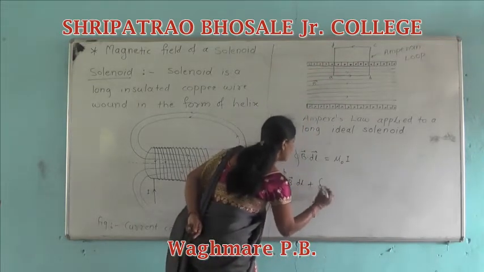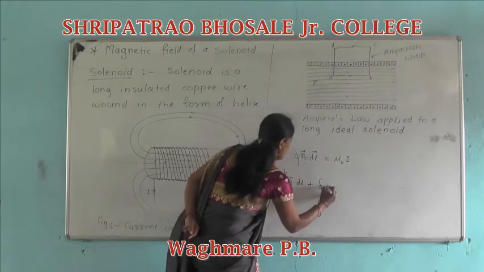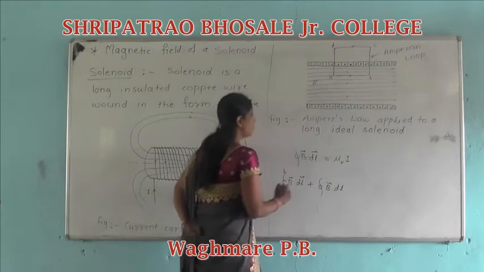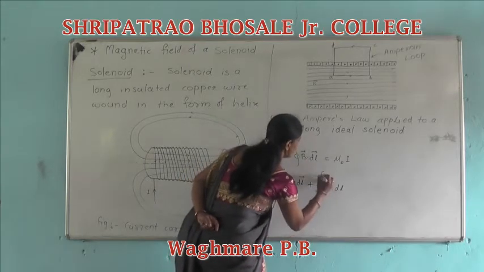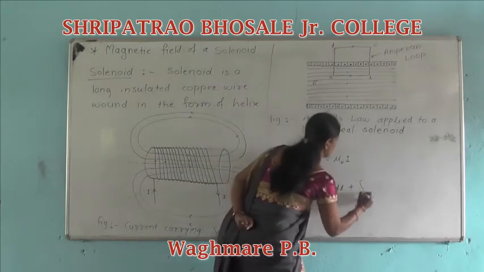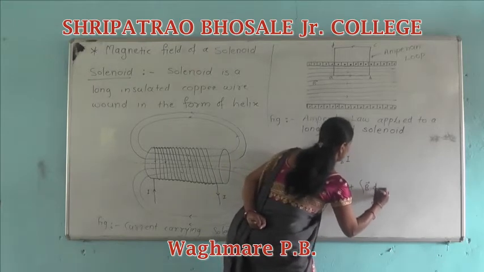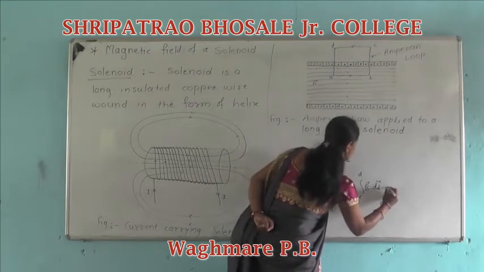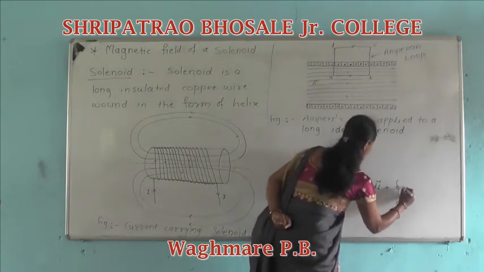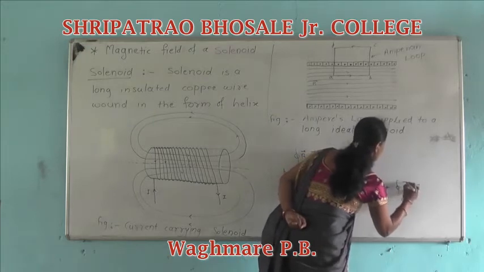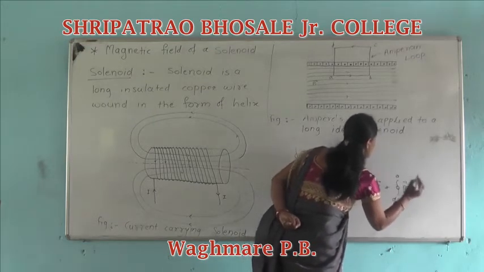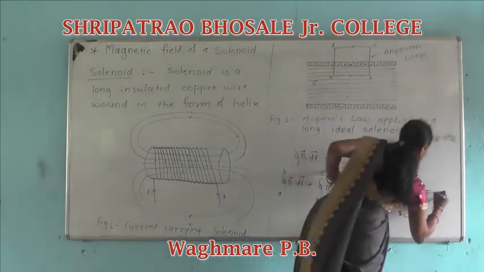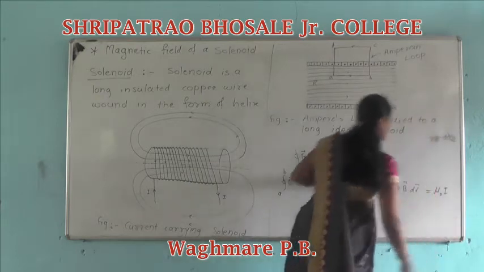Therefore, we can take the integration of magnetic field B into dl over line BC, plus the magnetic field over line CD, plus B into dl over line DA, and this will be equal to mu naught times the current.